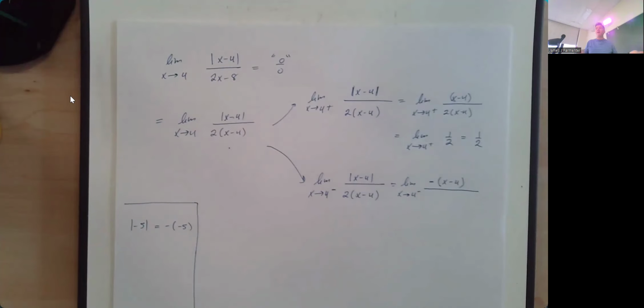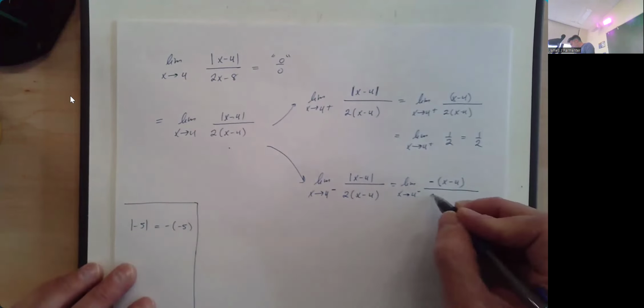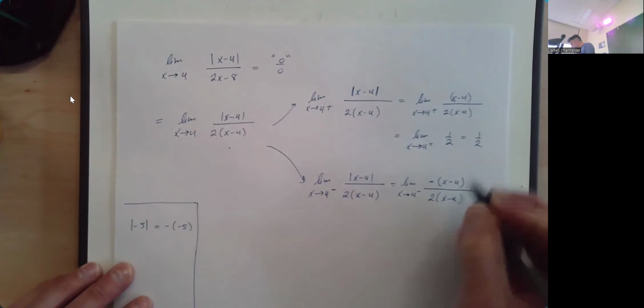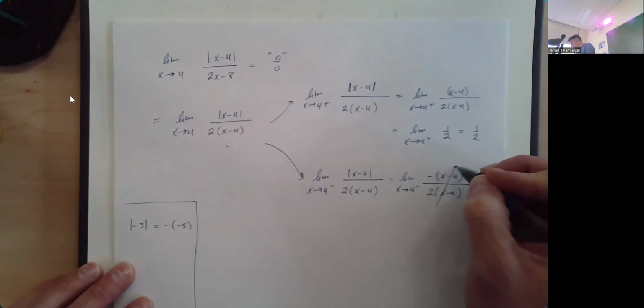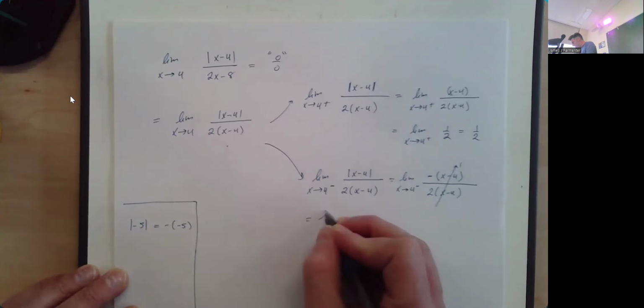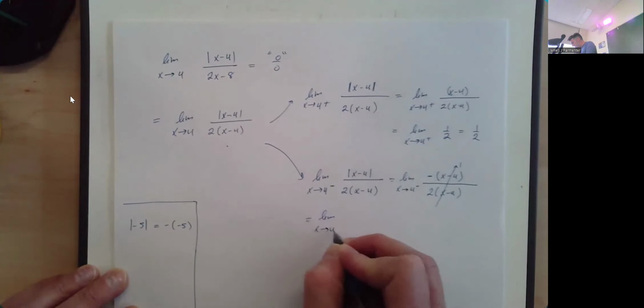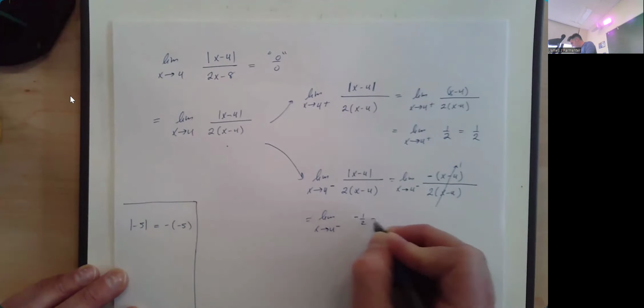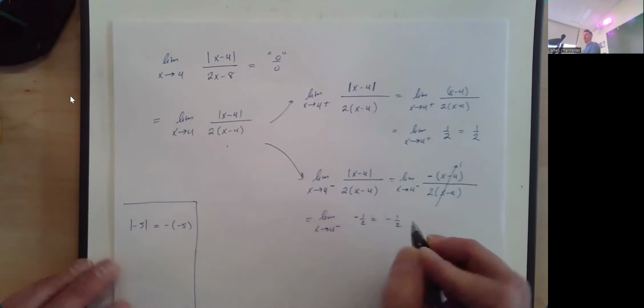If you plug that in for x and then do whatever's written on top, you're going to get something positive. That's the right thing to do. And then if we write in the rest of it, x minus 4 divided by x minus 4 is still 1, but now I'm left with a -1 on top and a +2 on the bottom. So you have the limit as x approaches 4 from the left of -1/2, which is equal to -1/2.